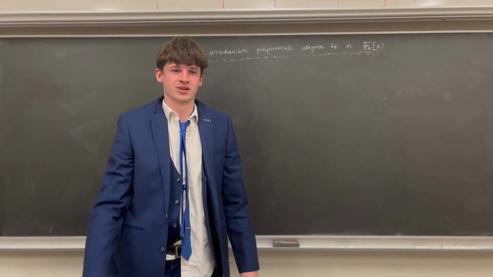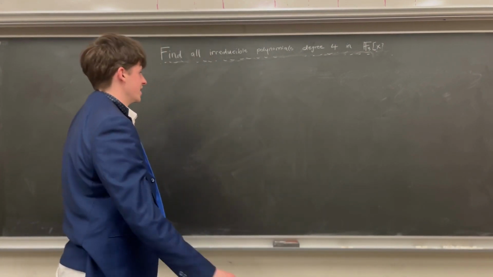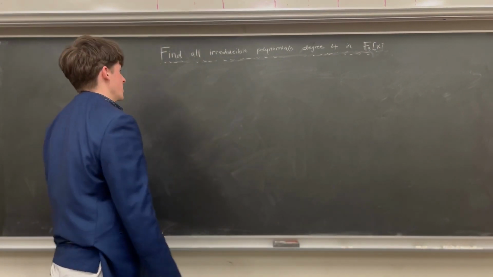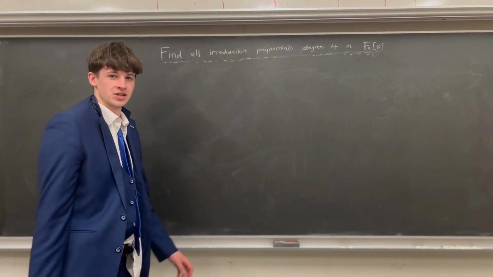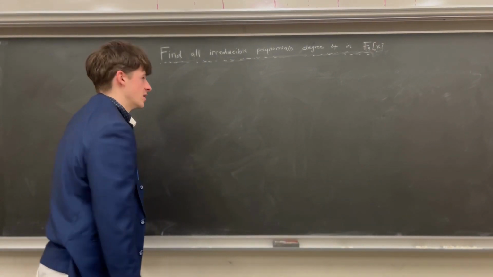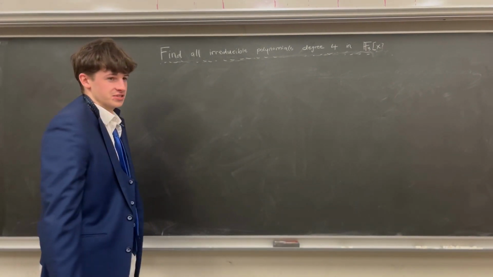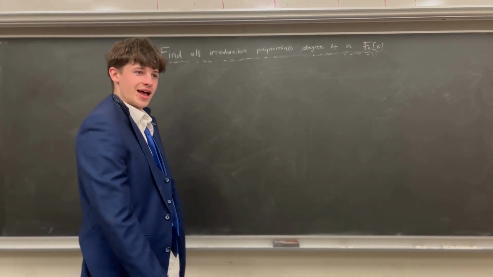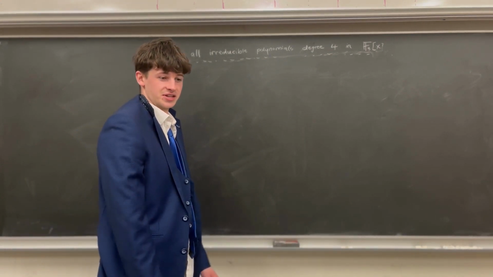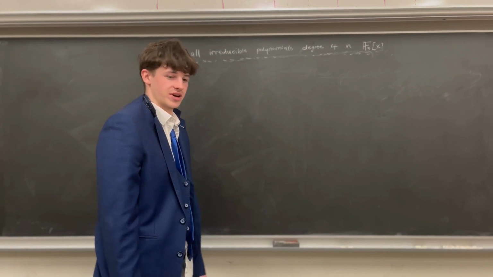Now that we've found all the polynomials with a linear factor, we need to find the polynomials with quadratic factors. So we're going to use the same procedure as before, but just this time, instead of finding the linear factors, we'll find the quadratic factors.